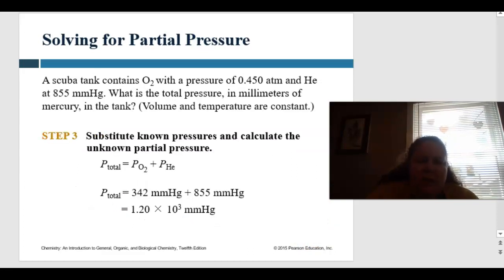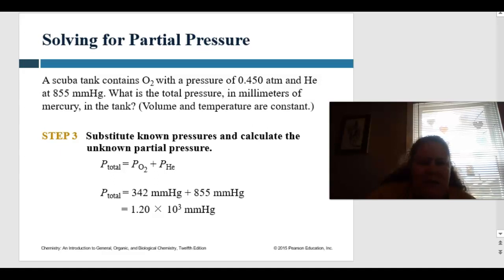So then step 3, we're going to substitute the known pressures and calculate the unknown pressure. Remember that P total is PO2 plus PHe. So we have 342 millimeters of mercury plus 855 millimeters of mercury, and that ends up giving us 1.20 times 10 to the 3rd millimeters of mercury.